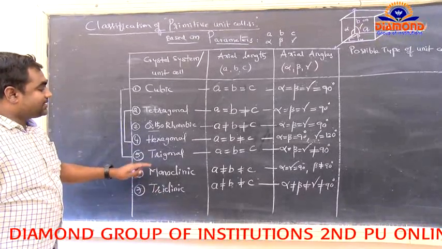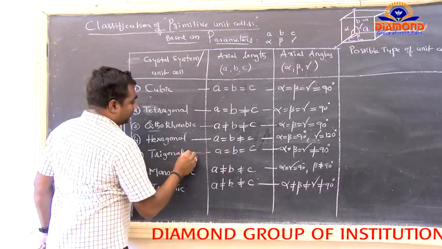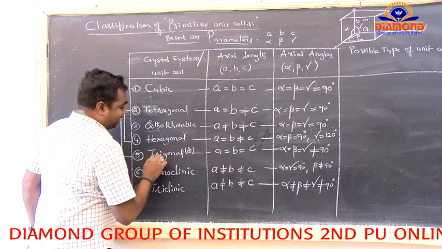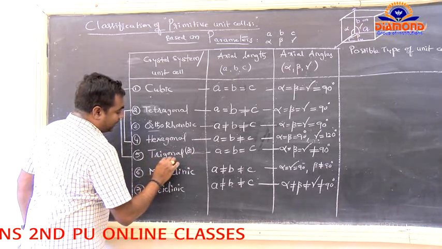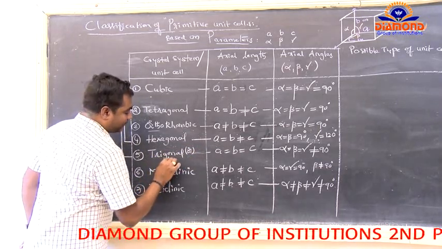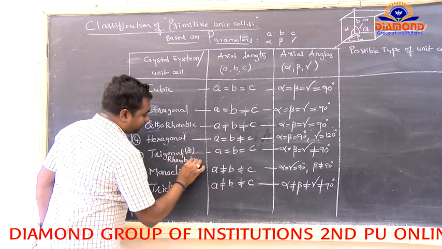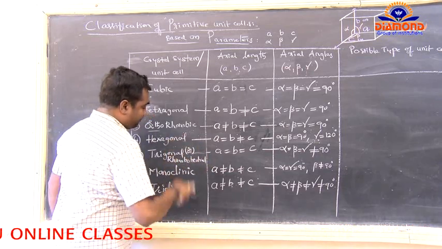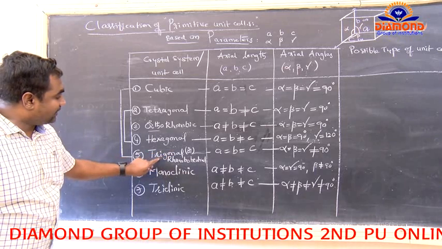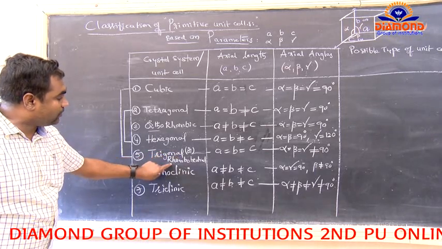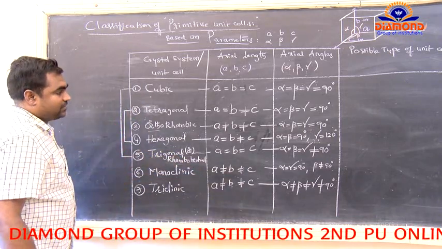Here the trigonal is also called rhombohedral. So these are the seven types of cells.